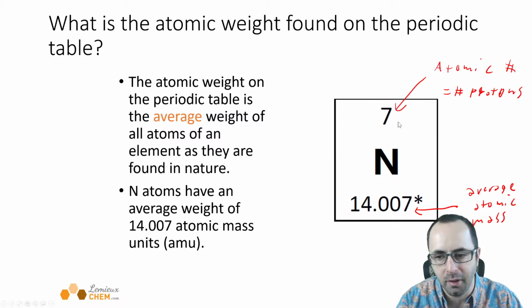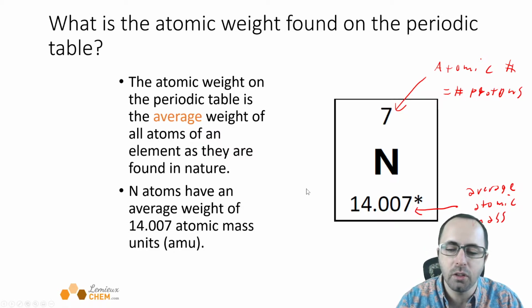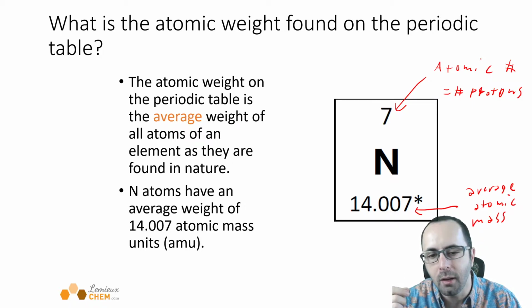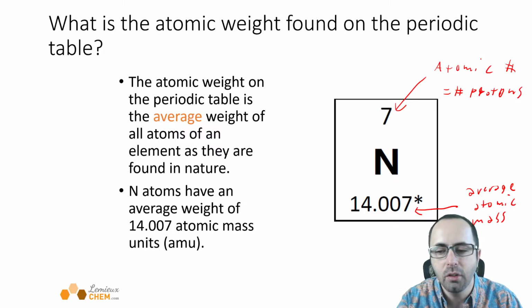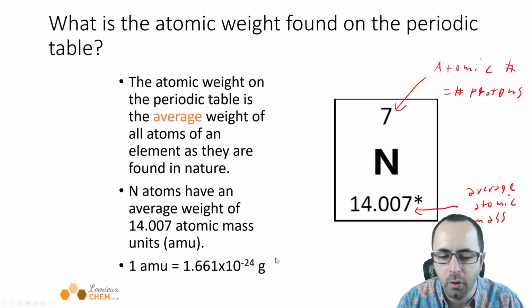All nitrogen atoms have 7 protons. And so that drives the average up just a little bit. Although almost all of the nitrogen atoms weigh 14 AMUs, because a few of them weigh 15, on average, the average nitrogen atom weighs a little bit more than 14 AMUs. Just a reminder, an AMU is about that many grams. It's a very, very small mass.